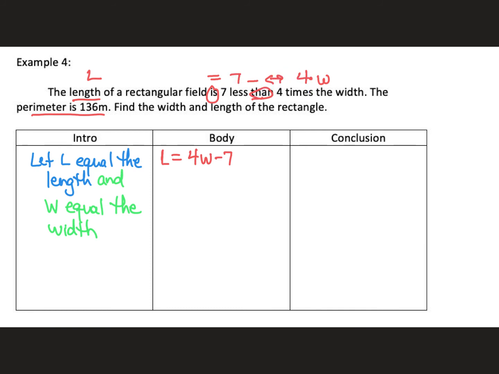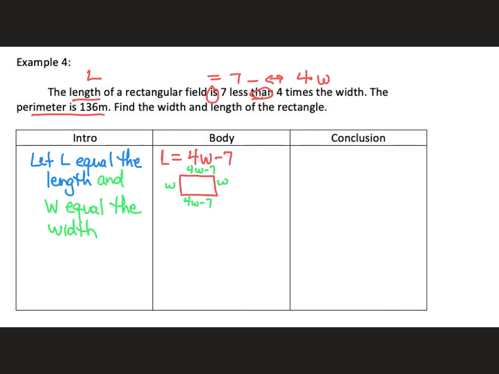Now let's draw a picture. And I'm going to put this in green. So our length is 4W minus 7, 4W minus 7. And what are the other two sides? W and W. Okay? So now the perimeter is adding all of this up.